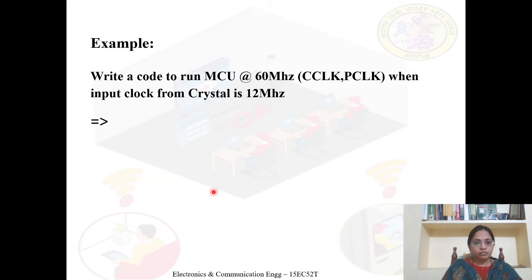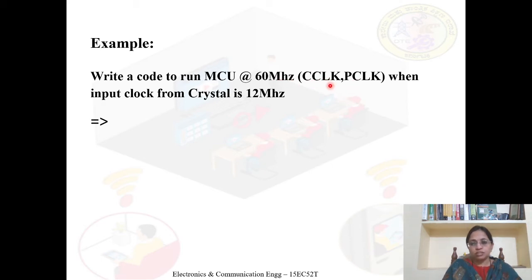Now let us consider one example. In the example, they have asked us to write code to run the microcontroller unit at frequency 60 megahertz. The 60 megahertz should be the CPU clock frequency as well as the peripheral clock frequency.